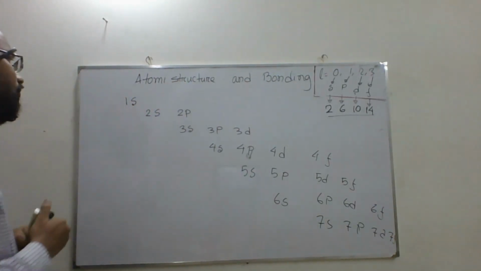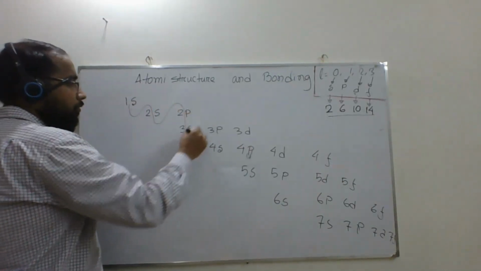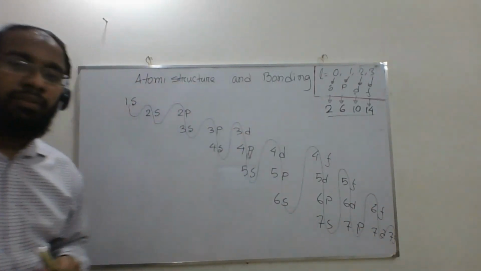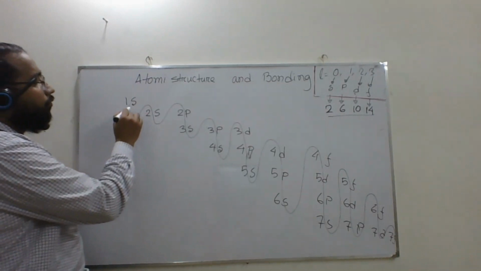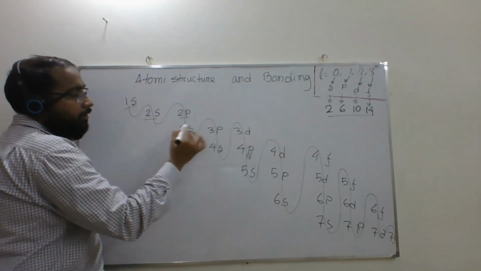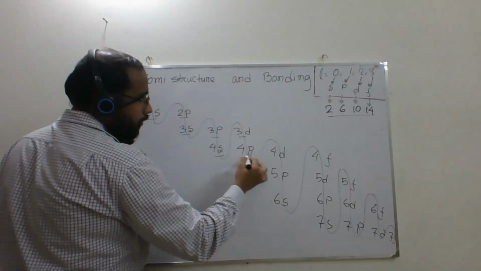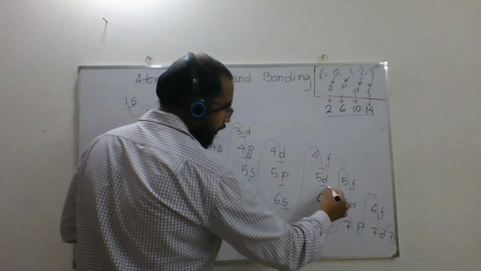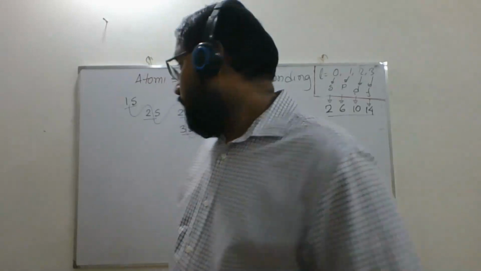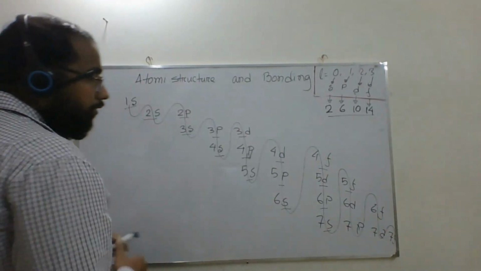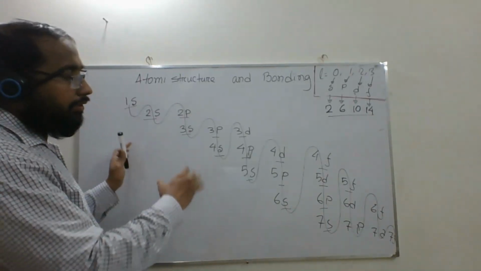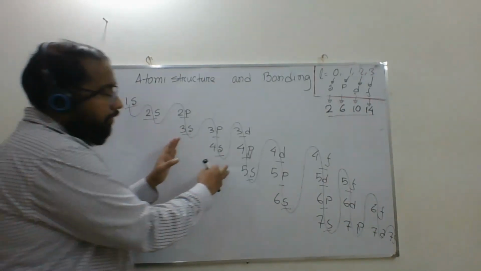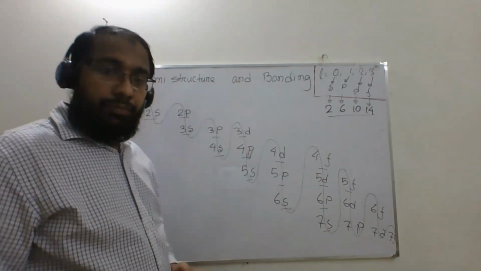So electrons occupy 1s, then 2s, 2p, 3s, 3p, 4s, then 3d, then 4p, 5s, 4d, 5p, 6s, 4f, 5d. We go according to this spiral line and get the subdivisions of the orbitals according to their energy.